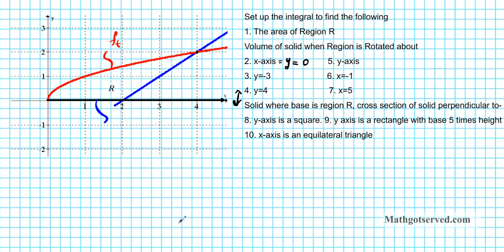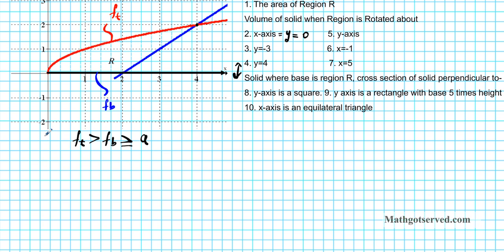That blue function on the bottom also happens to be an axis of rotation. If the function on the top is greater than the function on the bottom, and the function on the bottom is greater than or equal to the axis of rotation, let's call it function A, then the following formula holds.